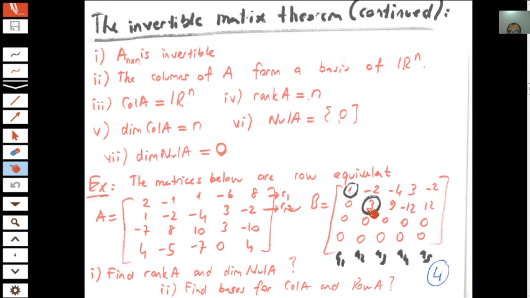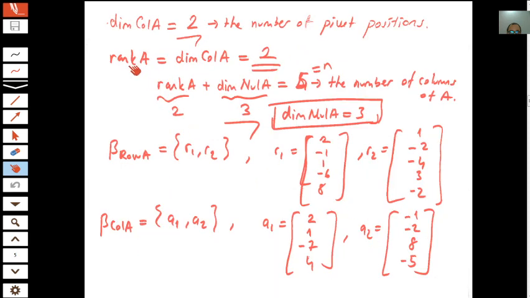We have 2 pivot positions here. And the dimension of the null space can be obtained by using the formula from the theorem, rank A plus the dimension of the null space is equal to n, and the dimension of the null space is equal to 3.